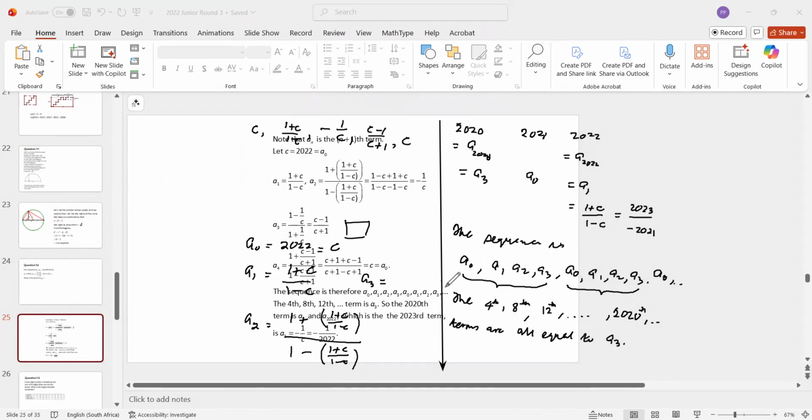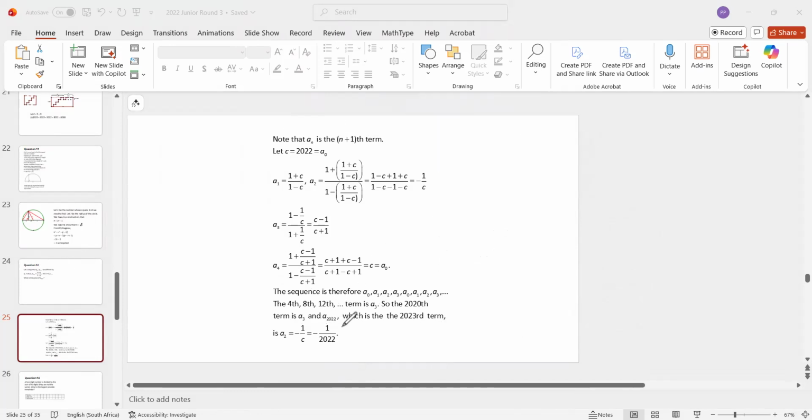So let's just clear out all this. And if you look at my solution, you'll see I've got the fourth, 12th term is all A3, as I said. So the 2020th term is A3, right? That's right. And the 2022nd, right?